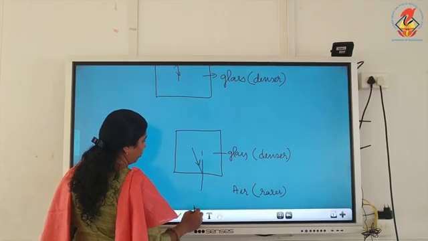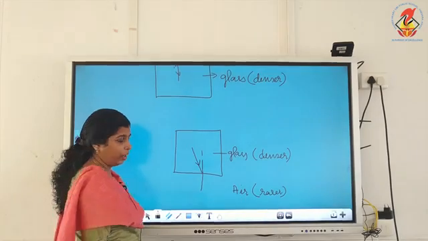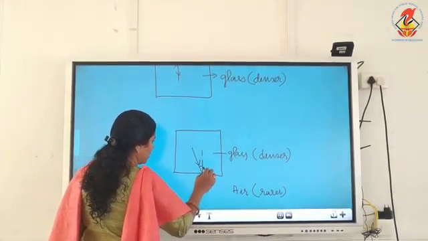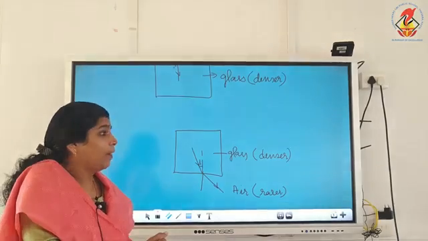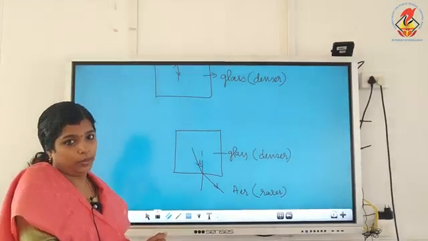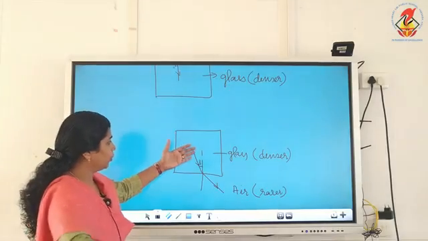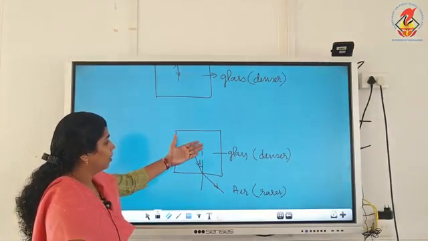This is a normal at the point of incidence. This one is the angle of incidence i. The refracted ray, or the ray coming out from the glass, will move away from the normal.